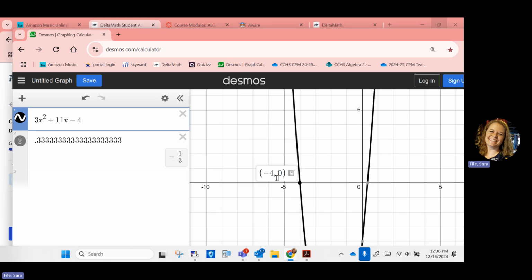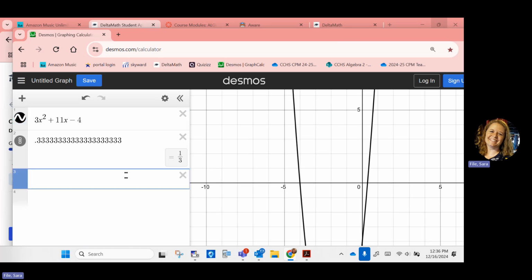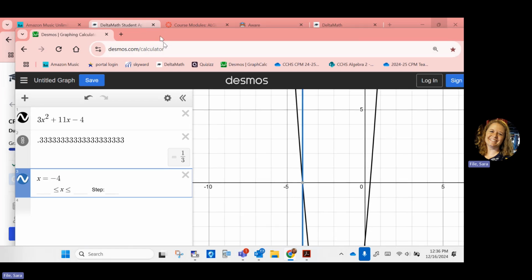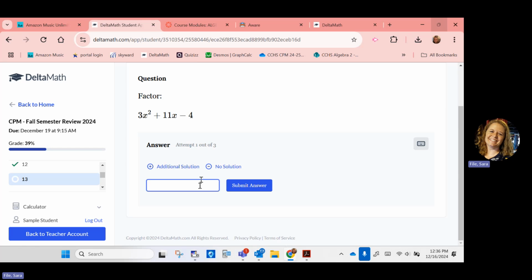So we're getting -4 and +1/3. Now remember, if -4 is the solution, okay, think of it this way. If they're saying x equals -4, okay, if I want it as a factor, I want it with the x, I would have to add it to the other side. So it would become x plus 4. So x plus 4 is a factor.